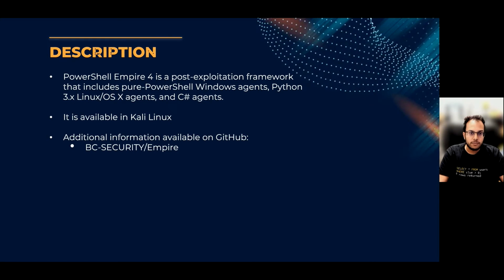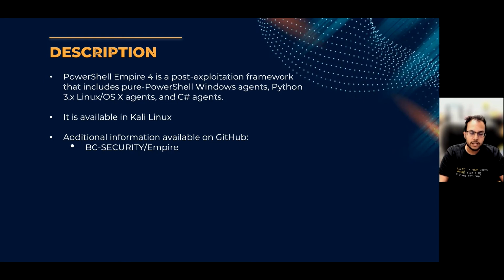So PowerShell-Empire 4 is a post-exploitation framework. That means that you're going to be using it after you've already gained access to the machine. So this isn't what you use to deliver the payload, but it is what you're going to be using once the payload is delivered. In the demonstration, we delivered the payload using an NS lookup against a text record, and that installed the agent on the machine, and then you can use the tool to perform your attacks.